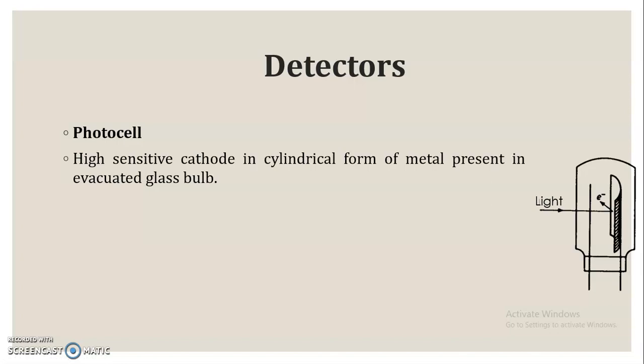Whatever light falls on the surface of the cathode will generate electrons, and these generated electrons will be attracted towards the anode. The number of electrons generated will depend upon the amount of light falling on the surface of the cathode.